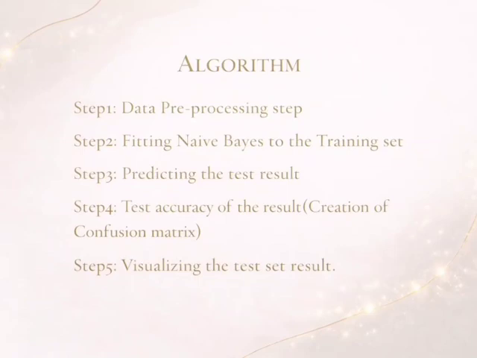We then challenge the model by asking it to classify separate unseen test data. Step 4 is evaluation. We create a confusion matrix to calculate our accuracy and see exactly where the model succeeded or missed. Step 5 is visualization. Finally, we plot the result to visually understand how the algorithm separates different classes.